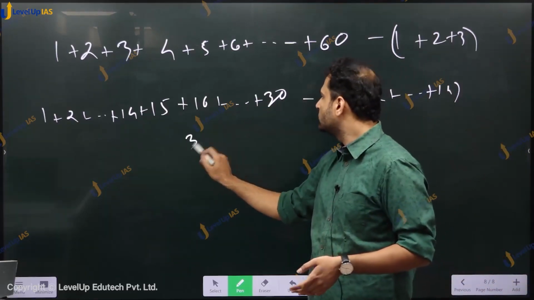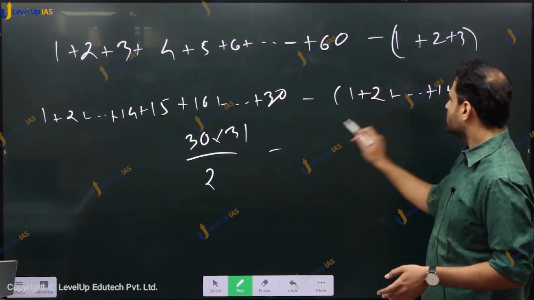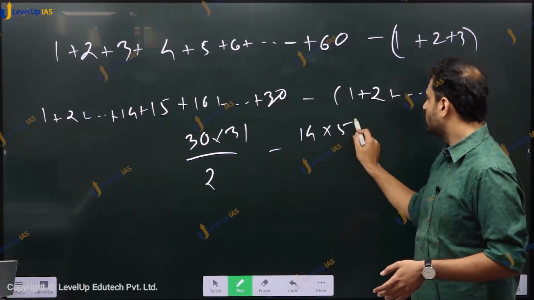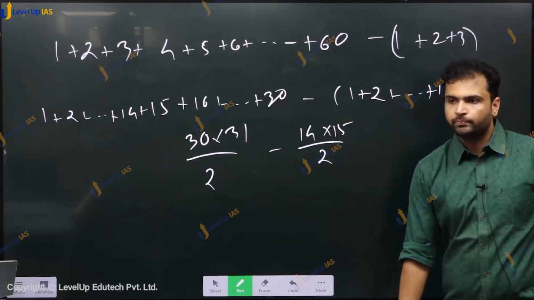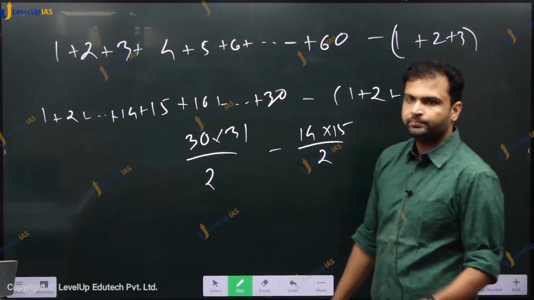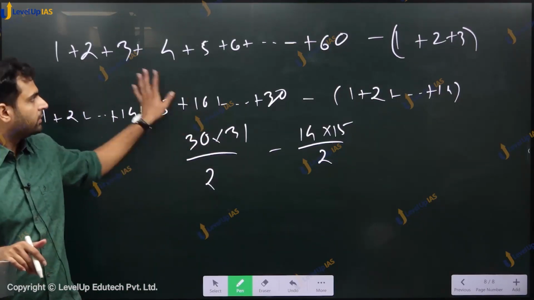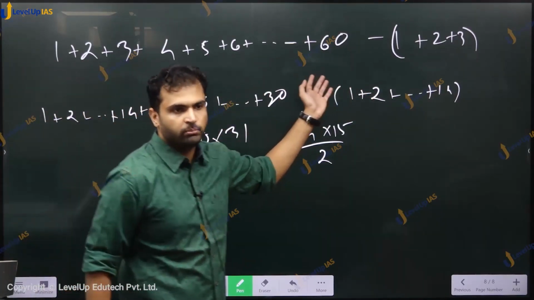What is this? This is 30 into 31 by 2, and this is minus 14 into 15 by 2. Right? This is how you can solve. This is a simple modification of the same problem.